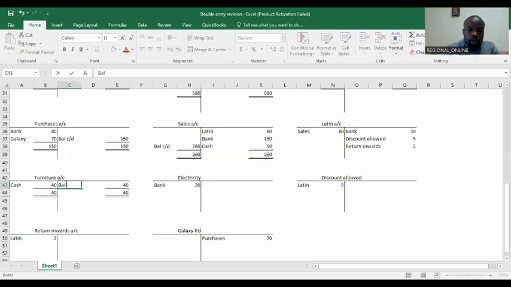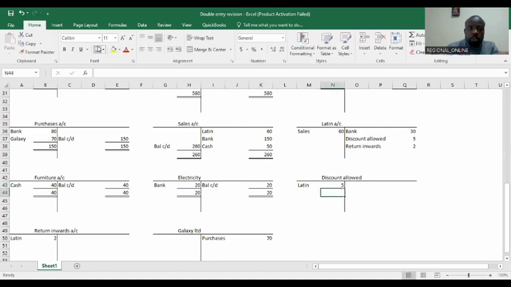So that is the balance carried down. This one also, the debit is the highest by 20. So the balance at the end of the trading period in this electricity account carried down is 20.